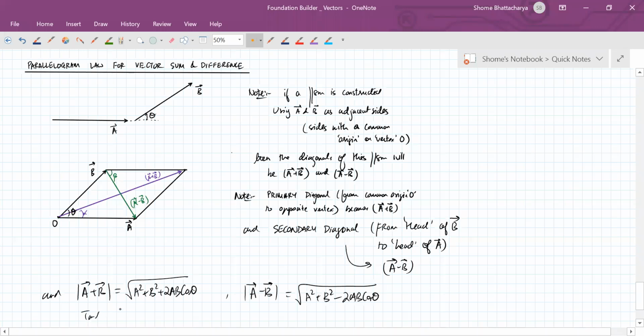And tan alpha is given by B sin theta upon A plus B cos theta, whereas tan beta on this side is given by B sin theta upon A minus B cos theta.